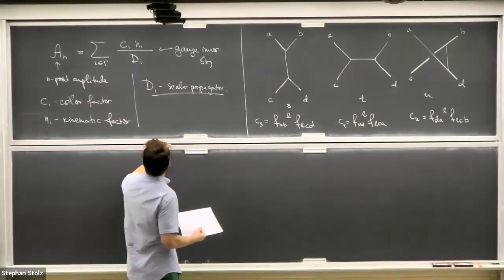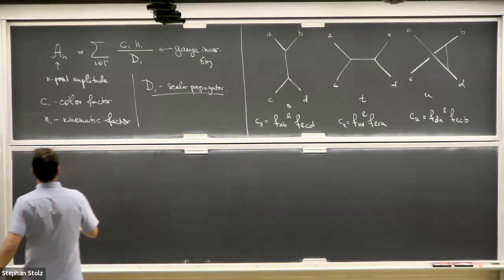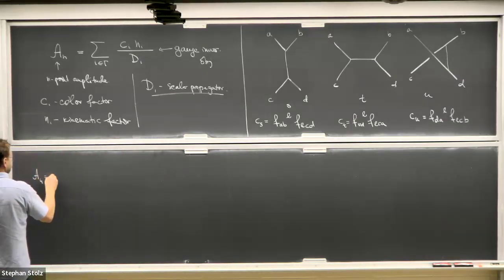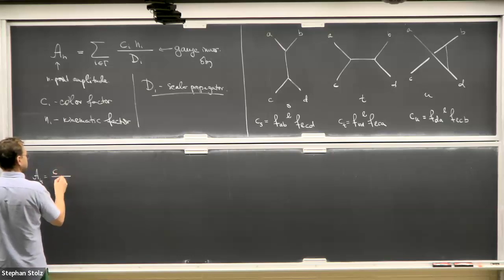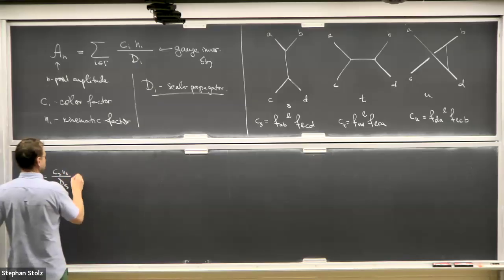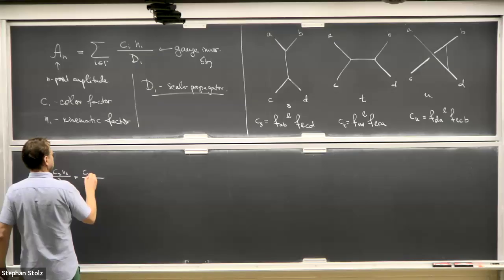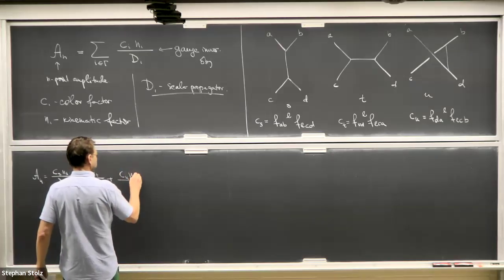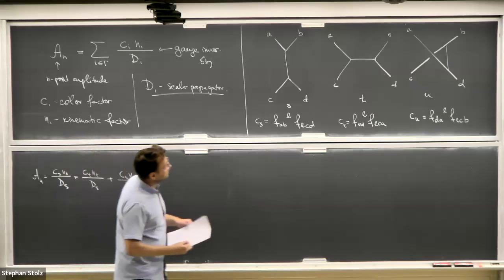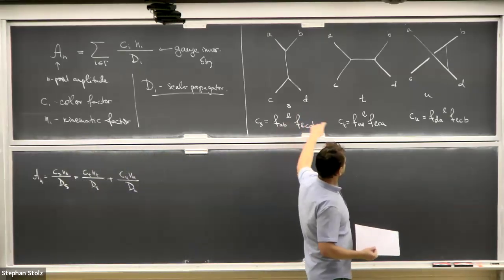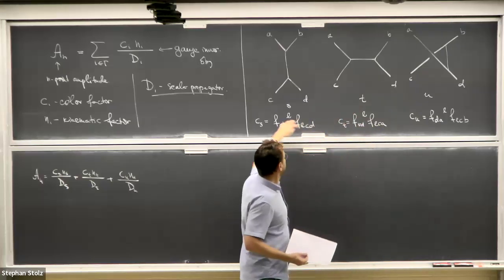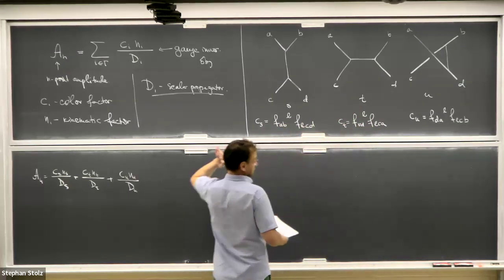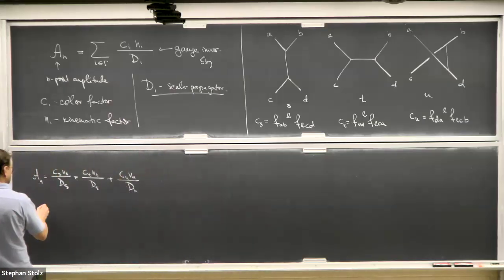So now if you write the answer, this diagram will be written as c_S n_S over s plus c_T n_T over t plus c_U n_U over u. And what you can realize very easily is that if you look at the sum of these same color factors, they are zero because of the Jacobi identity.